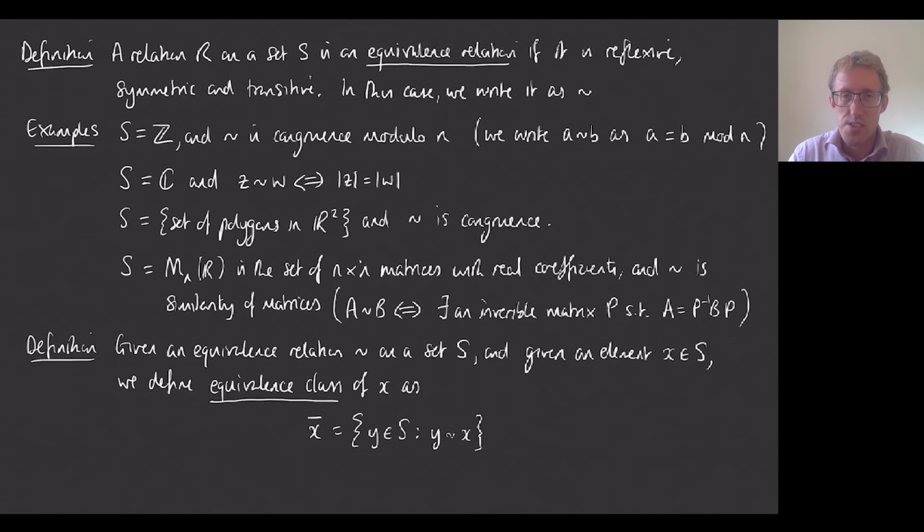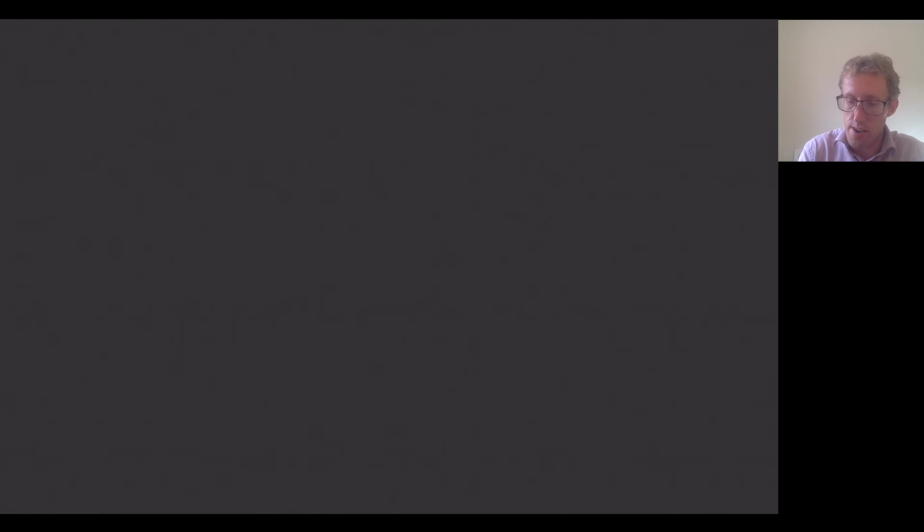Okay, and now the last thing I want to do is to just say something about how this relates to partitions of a set. So I'm going to define a partition.